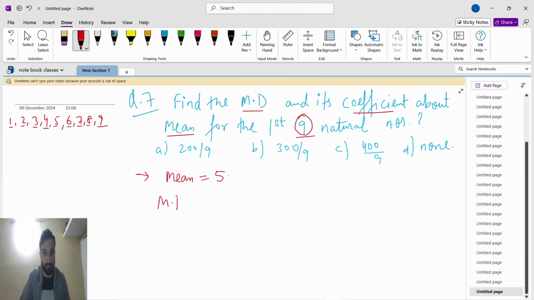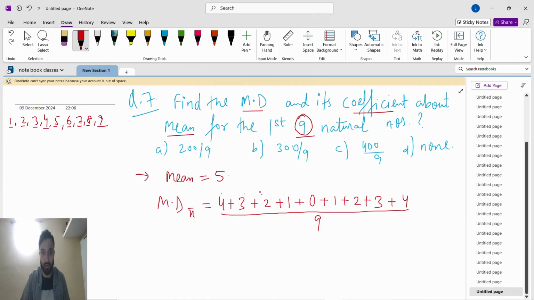So first you will find the mean deviation about mean. 1 minus 5 is 4, 2 minus 5 is 3, 3 minus 5 is 2, 4 minus 5 is 1, 5 minus 5 is 0, 6 minus 5 is 1, plus 7 minus 5 is 2, plus 8 minus 5 is 3, plus 9 minus 5 is 4, whole divided by 9. 4 plus 3, 7 plus 2, 9 plus 1, 10, 11, 12, 13, 13 plus 3, 16 plus 4, 20.